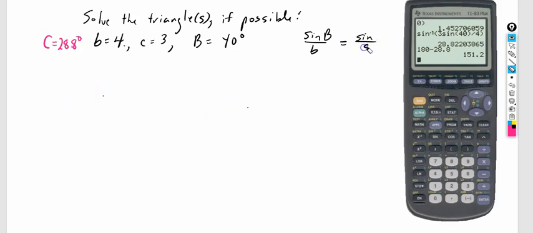So now I'm still going to use B for my information. Now this will give me A. And what is my angle A? Well, it's going to be 180 minus B minus C. So I'll have 180 minus 40 minus 28.8.